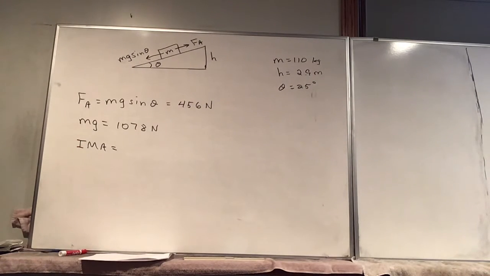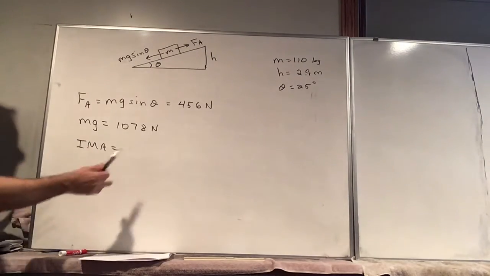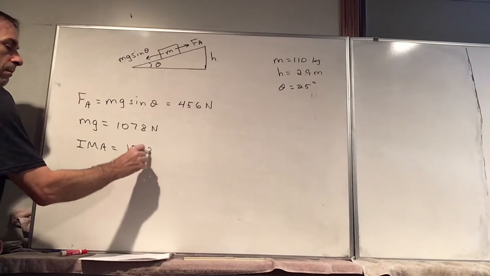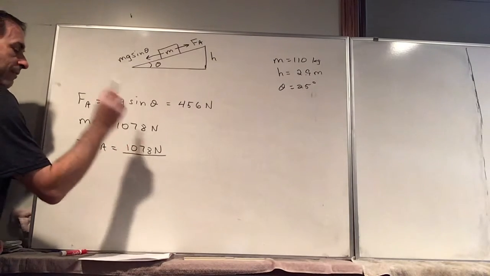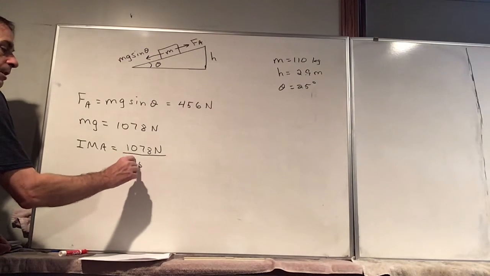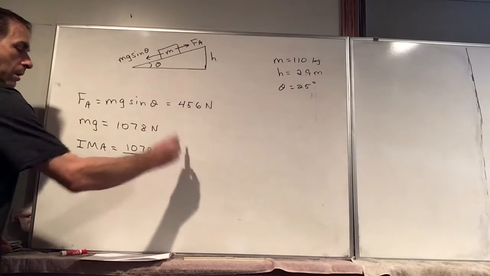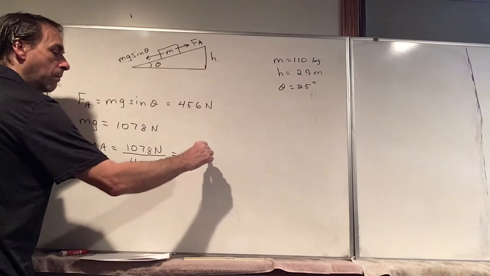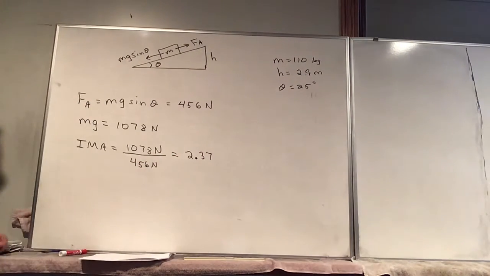That would be the force that we would have to apply without using a machine, just to lift the mass up directly. It would be 1,078 newtons divided by what we actually have to apply with the machine. So that would be about 2.37 for the ideal mechanical advantage.